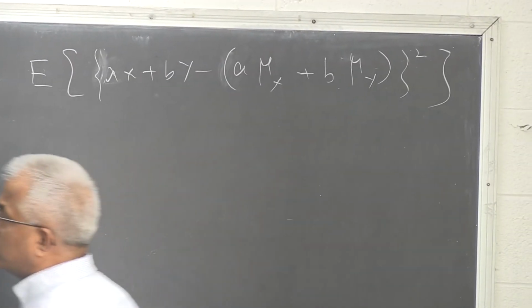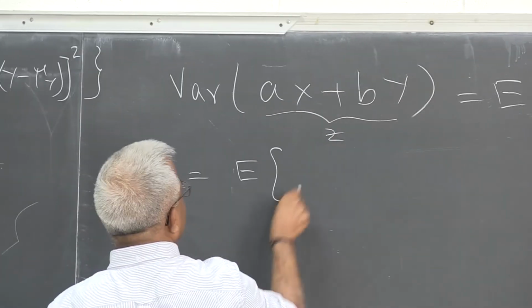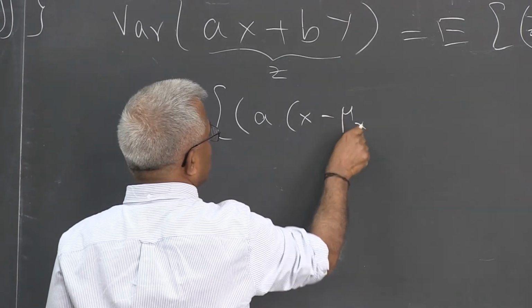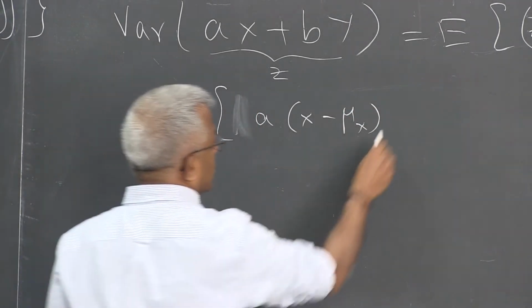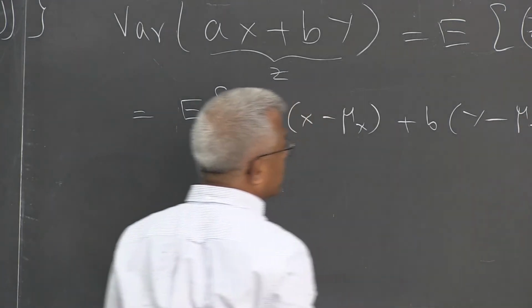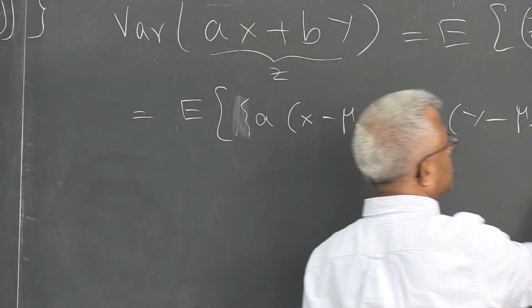I'm going to arrange all the a terms nearby. So this now reads a multiplied by x minus mu x, plus b multiplied by y minus mu y. I'm going to square this. Again, I get three terms.